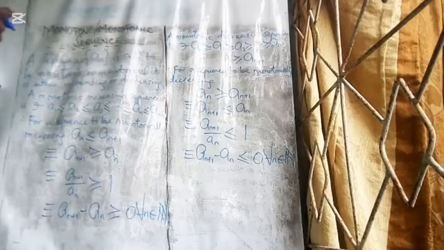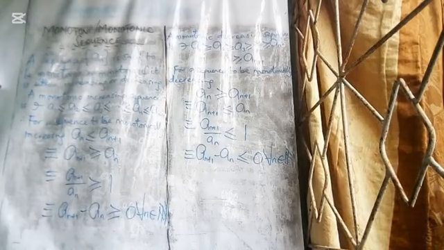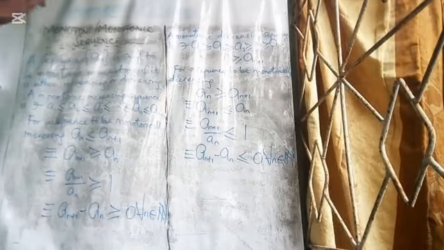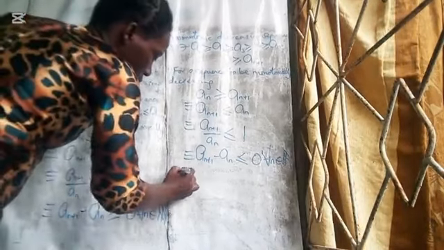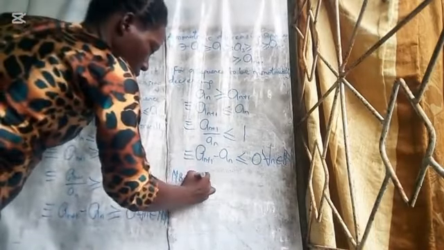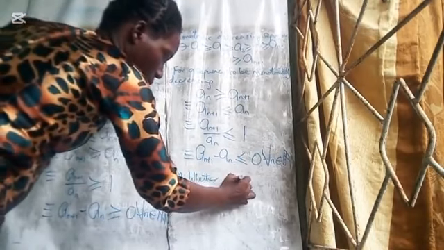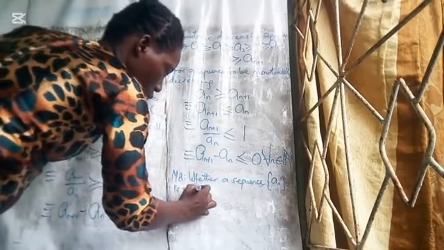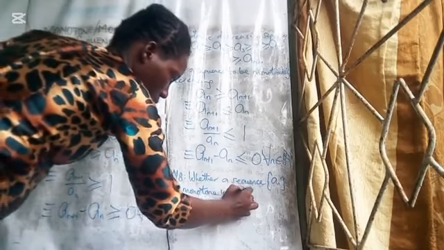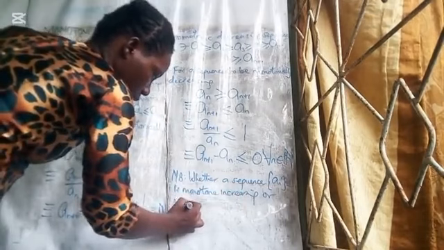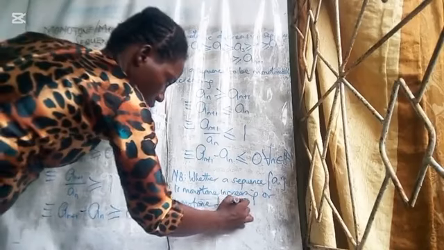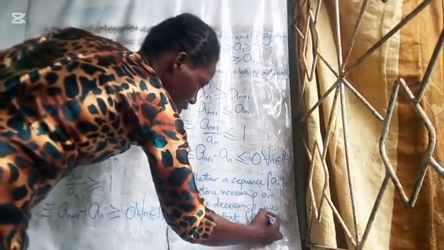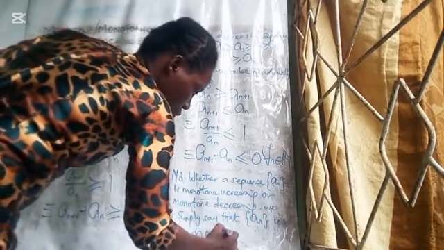Now, whether a sequence is monotone increasing or monotone decreasing, we simply say that the sequence a sub n is monotone.